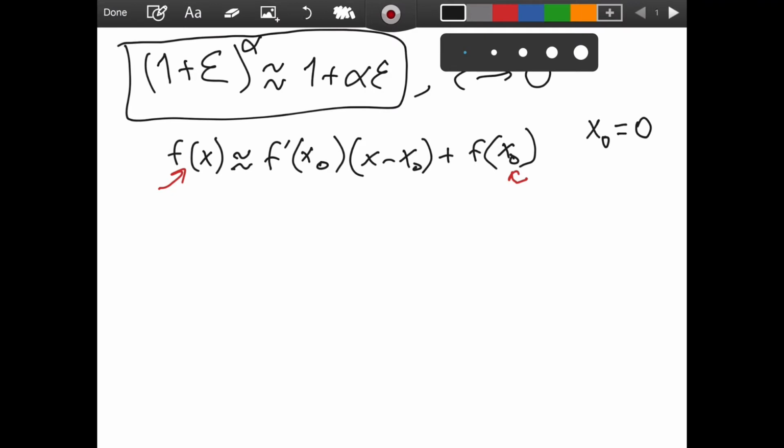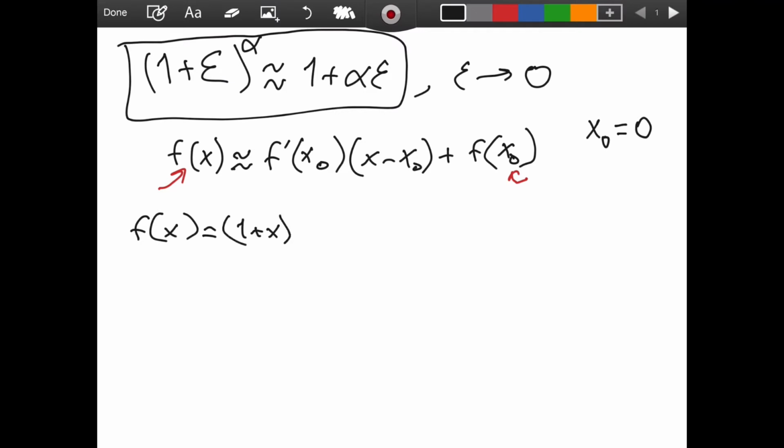And for f of x, we will define f of x as 1 plus x raised to the power of alpha. Okay, so this is the setup, and now we are ready to do our proof.